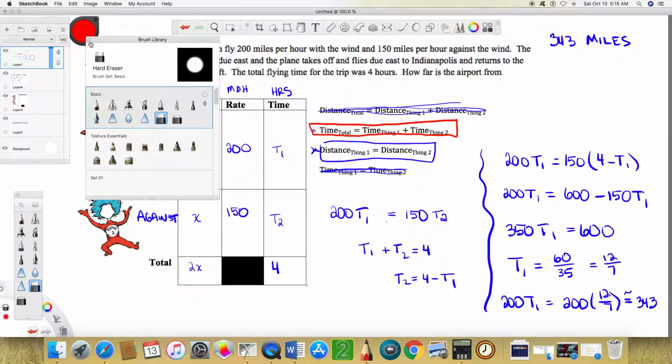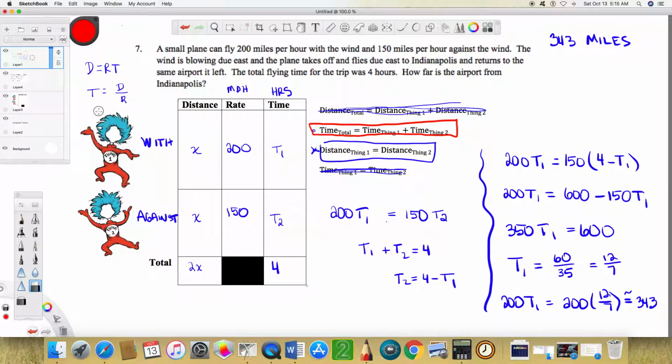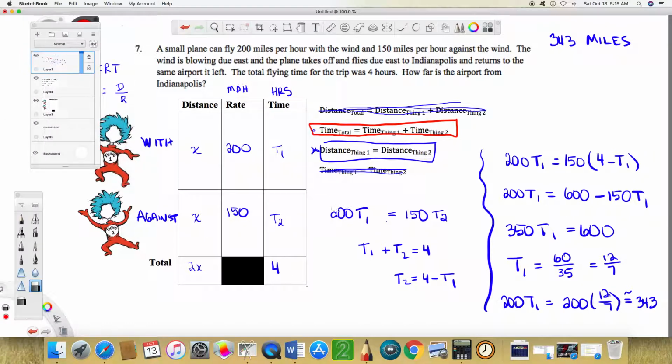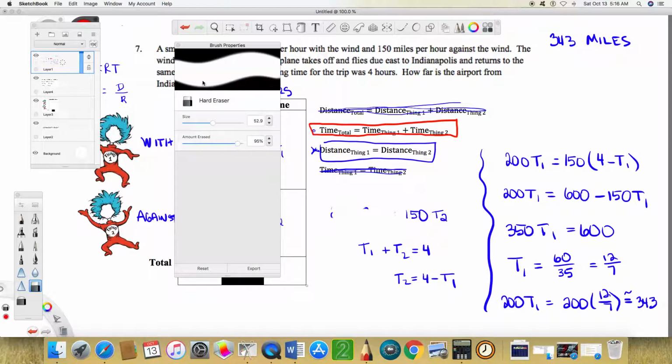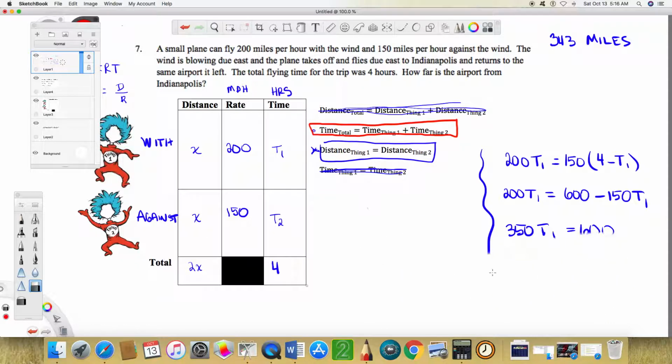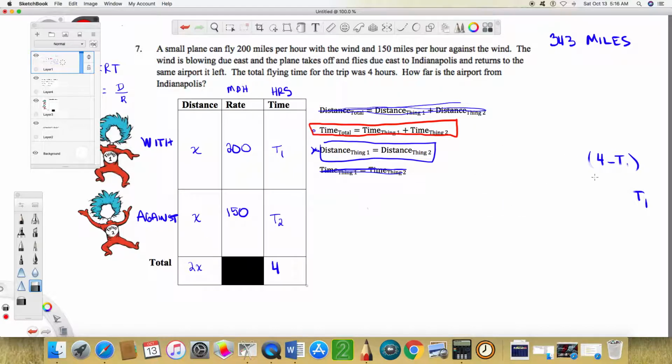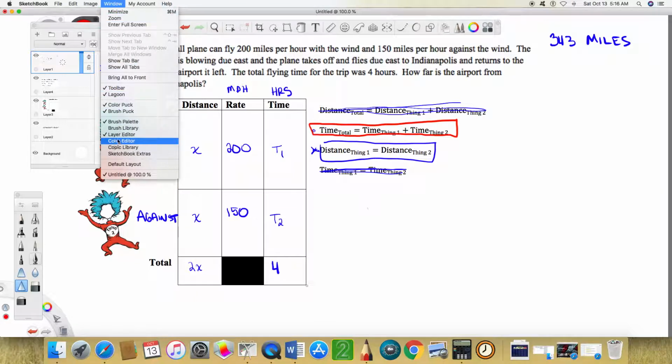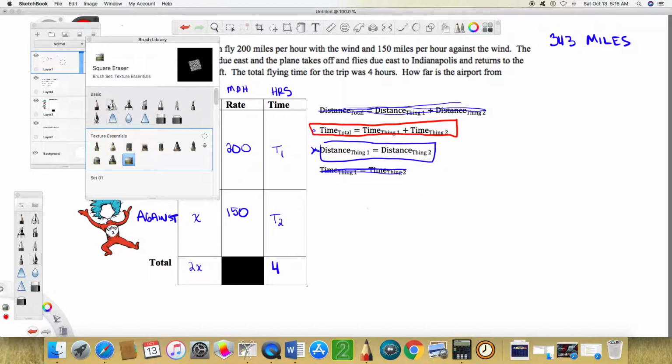There we go. Now that I'm on the eraser, it's not letting me back on the pen, unless I go to the library, try to switch all these things, and then it lets me do it.